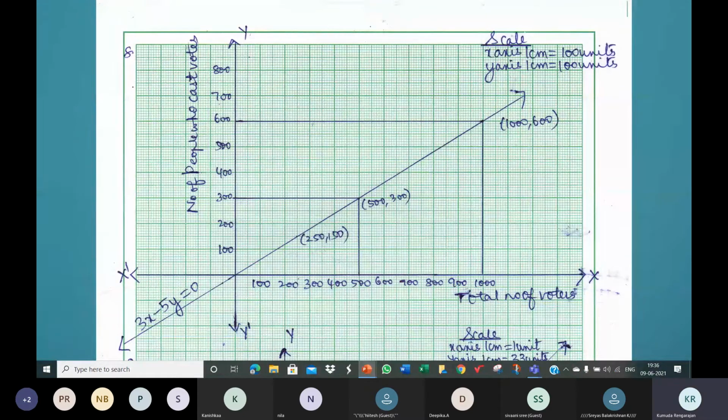And since the value of c is 0, you can see that the graph passes through the origin. Since the value of c, in 3x minus 5y is equal to 0. What's the value of a from the equation?